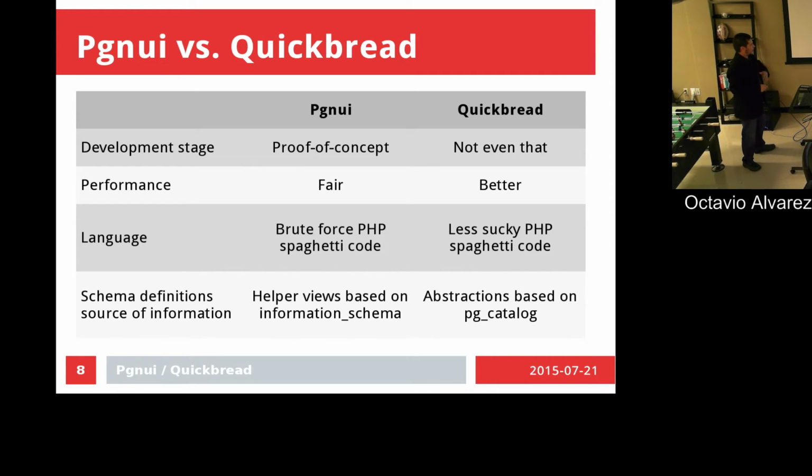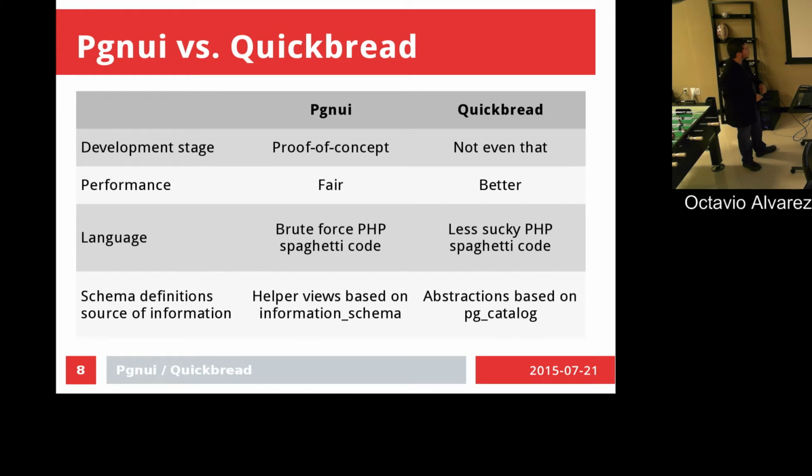I had some problems with that, so the code in Pgnui is pretty much brute force. And in Quickbread, it's also PHP spaghetti code, but it sucks less, I think. Now, the source of information for schema definitions is the information schema for Pgnui with some helper views. And in Quickbread, there are abstractions, the SQL API I mentioned earlier.